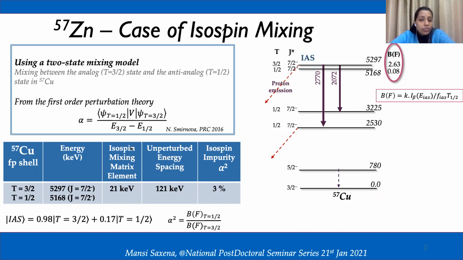In first order perturbation theory, the isospin impurity is the ratio of the mixing matrix element and the difference in the energy levels. From the reported energy difference between these two states, the mixing matrix element was calculated. This comes out to be 21 keV, and the unperturbed energy spacing comes out to be 121 keV. We have estimated the isospin impurity to be about 3% for this nucleus.